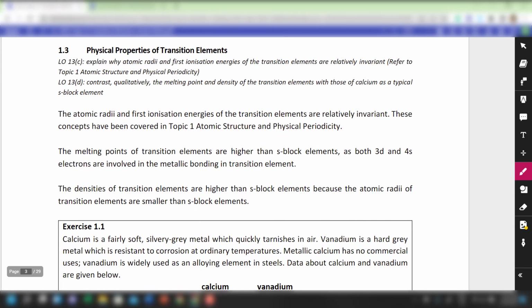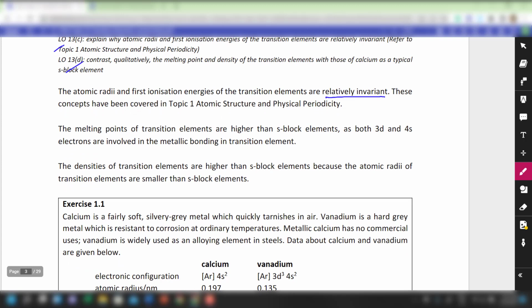Okay, 1.3, physical properties of transition elements. This covers 2 learning objectives, 1.3c and 1.3d. Atomic radii and ionization energies of the transition elements are relatively invariant. Please refer to atomic structure if you cannot remember how to explain why.